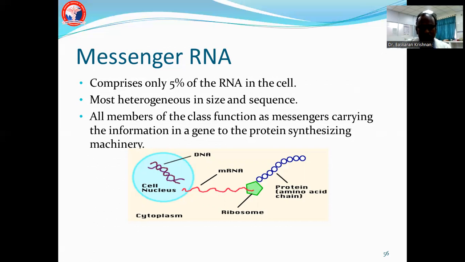It's the most heterogeneous because one polypeptide corresponds to one messenger RNA. Actually, it carries information for protein synthesis. That means it transports the message from the gene to the protein synthesis machinery.